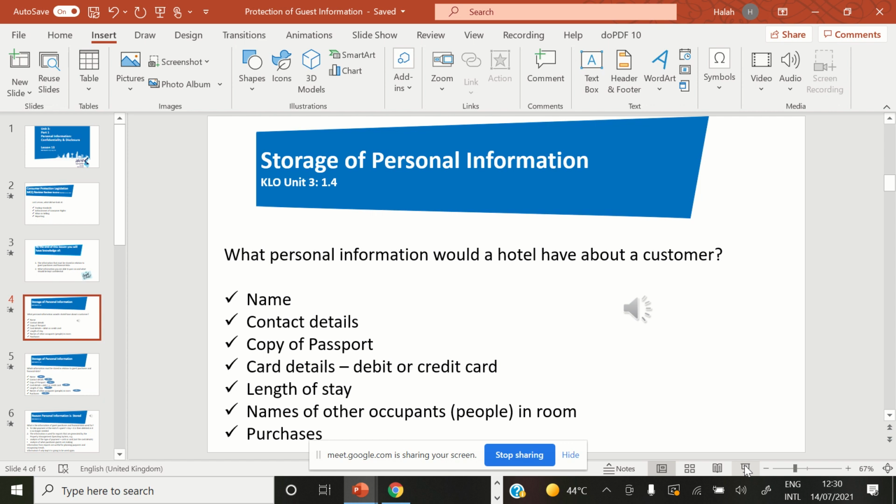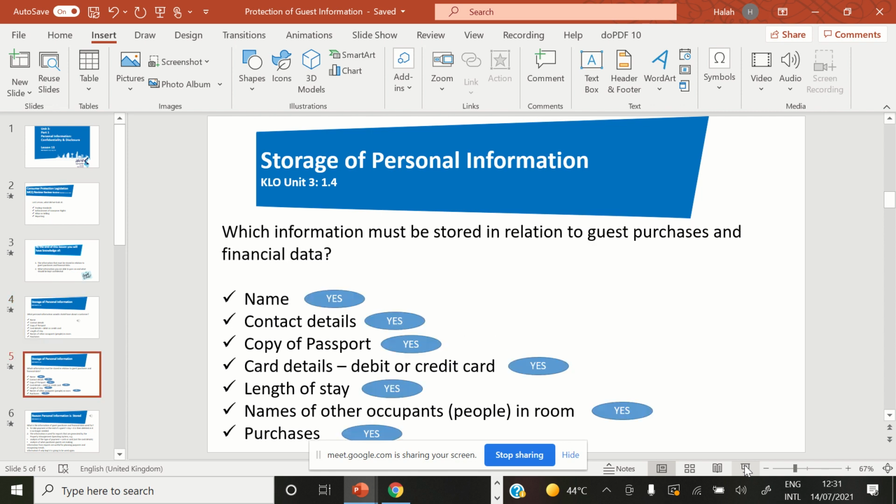A hotel has to store a lot of information about the customer, like his name, personal information, his contact details including email, phone number, address, copy of passport, his credit details, either the debit or the credit card, how many days he stayed, the names of the occupants who joined him in the room, and also the purchases he made in the hotel.